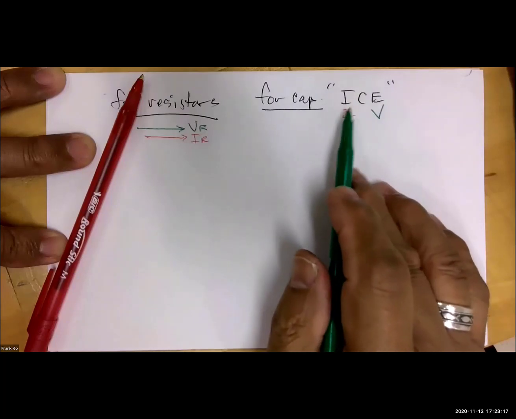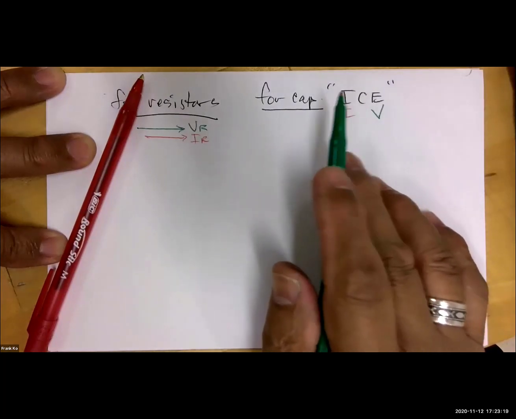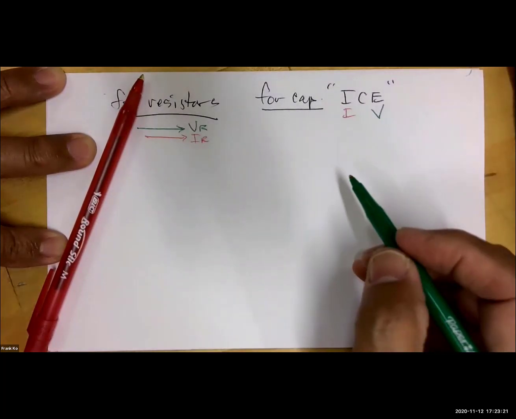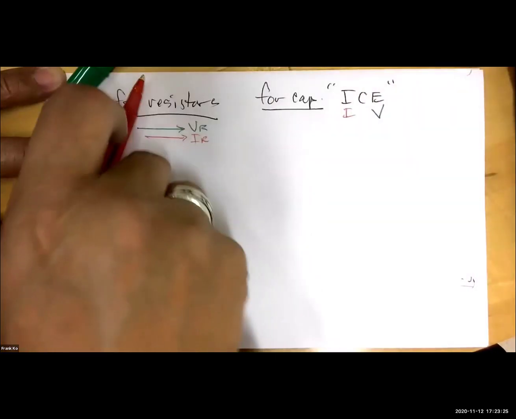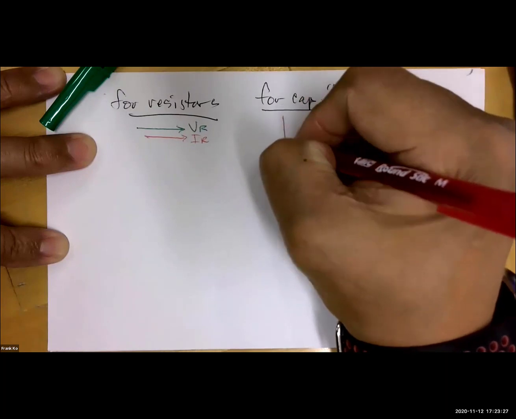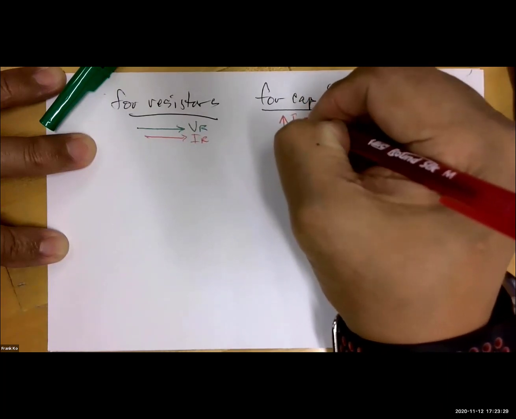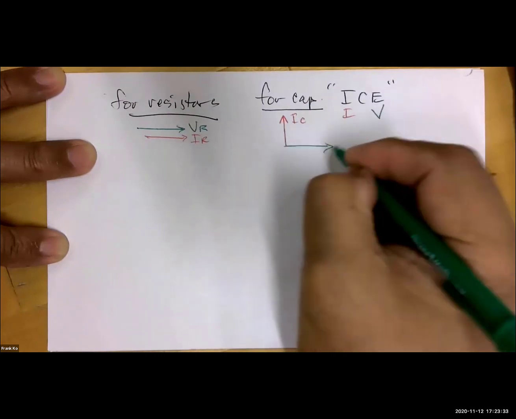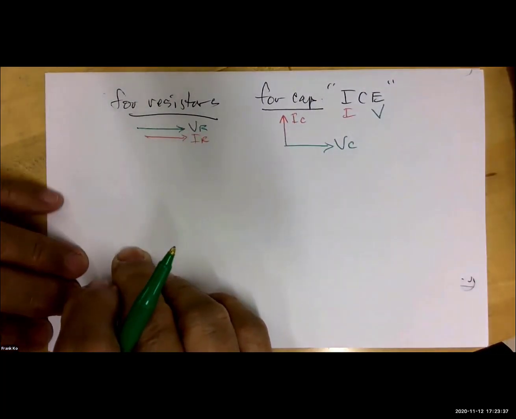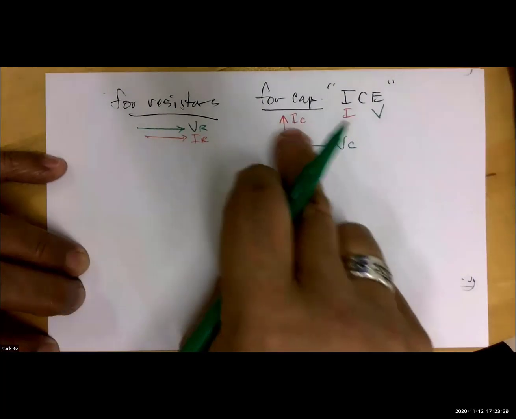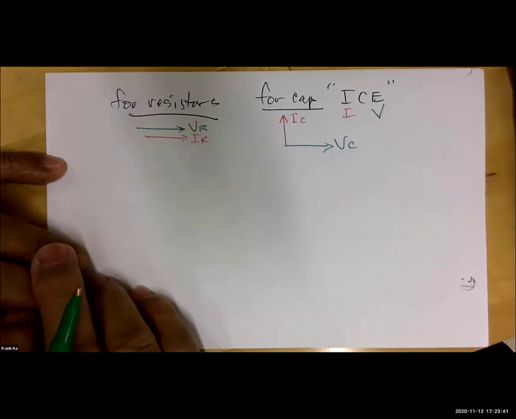Which one comes first? In the case of capacitors, because of RC time constants, the current comes first. So my IC will already be pointing in that direction by the time VC happens. This is the phase relationship with respect to capacitors. They're not in phase with each other as these guys are.